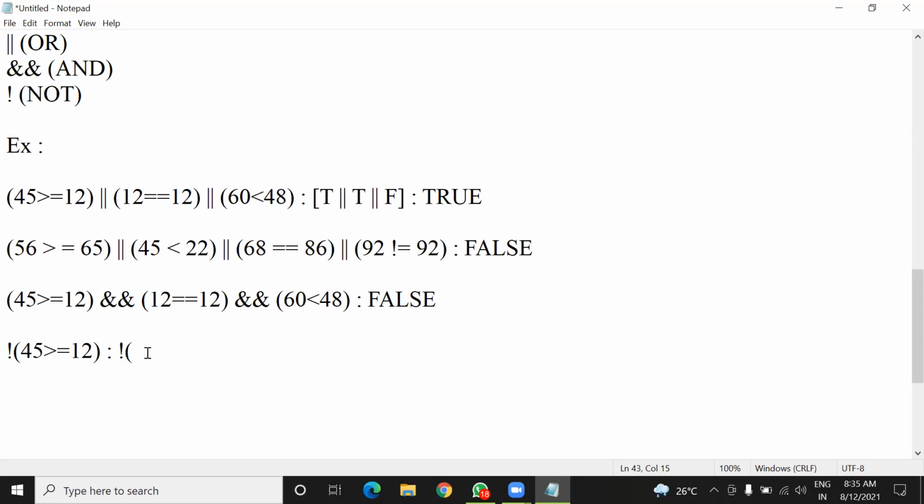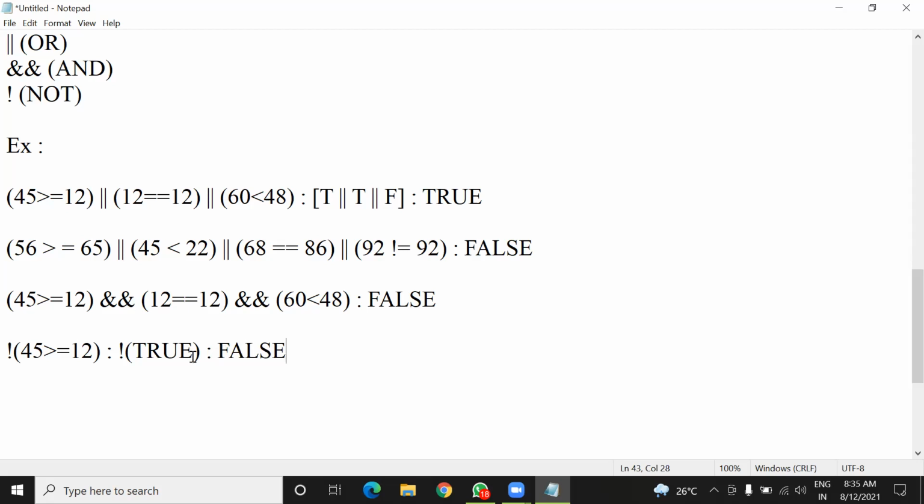It is true. So now it becomes not true. So not true means false. If something is not true, it means it is false.